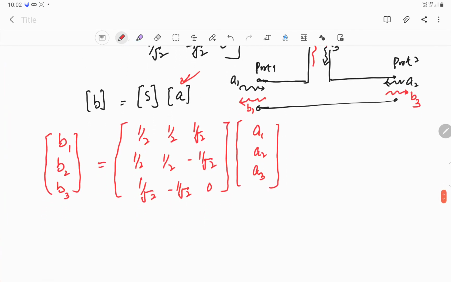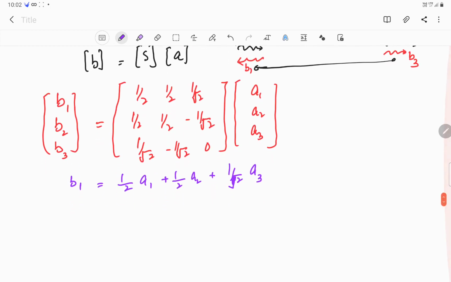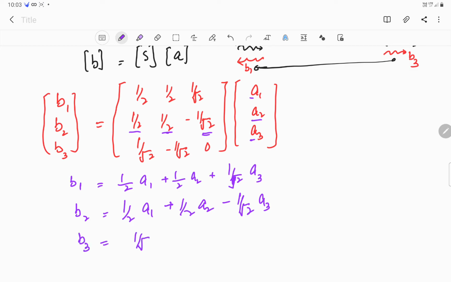In equation form, B1 is half A1 plus half A2 plus 1 over root 2 A3. B2 is half A1 plus half A2, multiplying row by column, then minus 1 over root 2 A3. Likewise our B3 would be 1 over root 2 A1 minus 1 over root 2 A2.